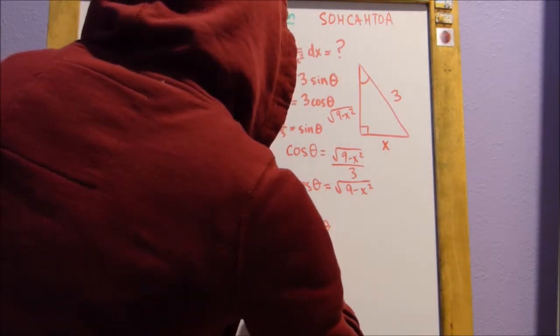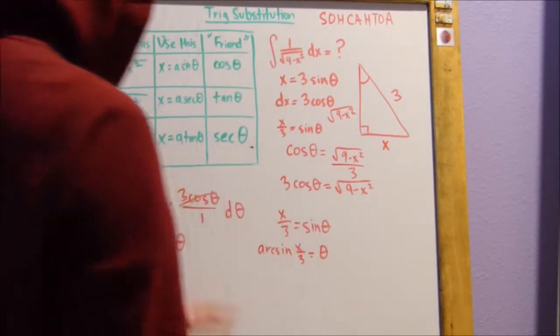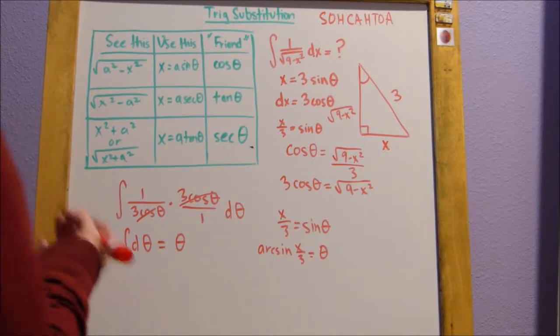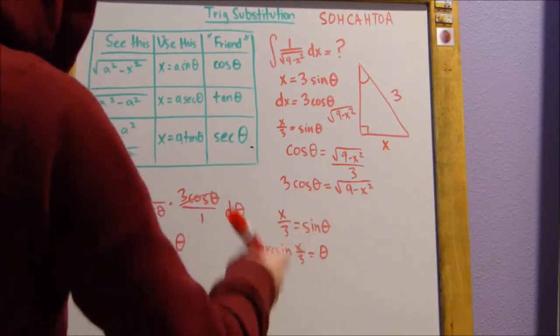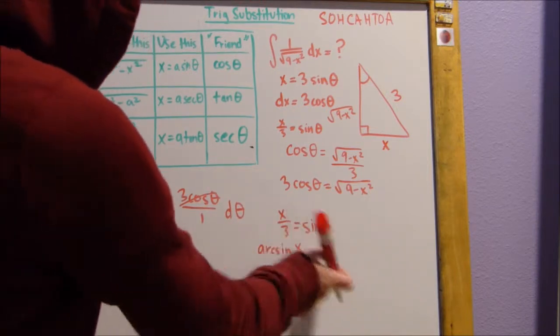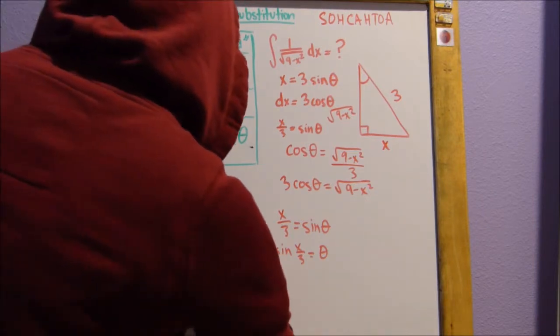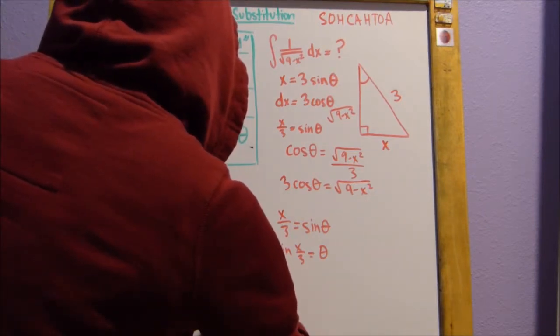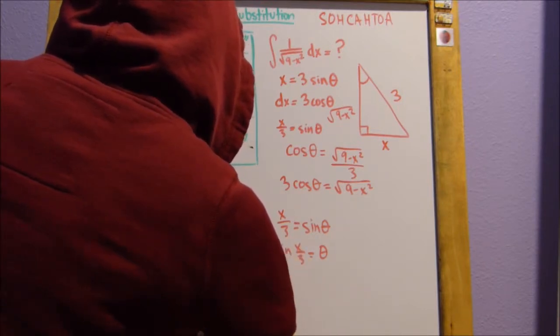Arc sine of x divided by 3 equals theta. This is another idea that you should learn from geometry, but if you don't know, you can just take arc sine. Arc sine is like the inverse of sine, so it works how an inverse works. So our final answer is going to be arc sine of x divided by 3 plus c.